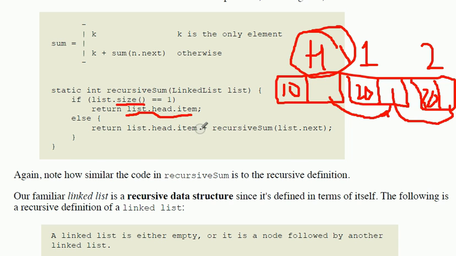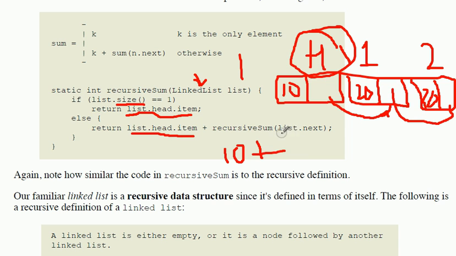Return list.head.item. That is 10. So write 10 over here. Okay. Now this method happens again. So this time over here, who went? 1.